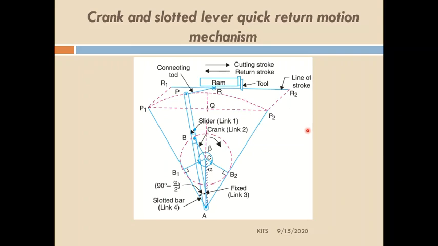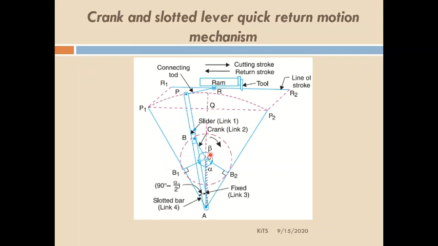Draw this diagram neatly while answering this question. You have to draw this diagram neatly with the pencil. You have to mention this angle alpha, beta. In the previous case, beta is the cutting stroke angle, but in this case, beta is the return stroke angle. Okay, easily you can remember alpha, beta.